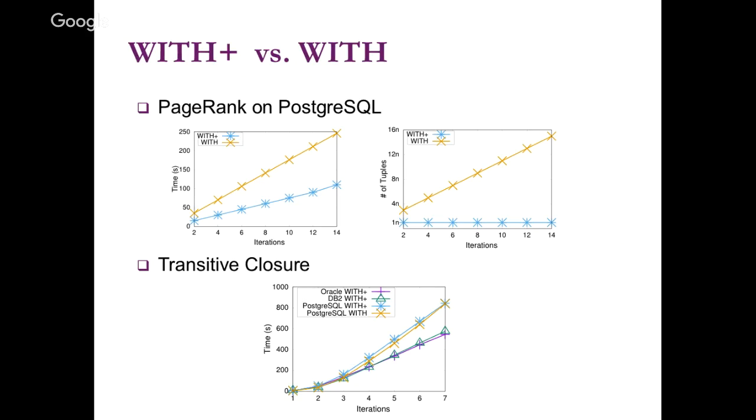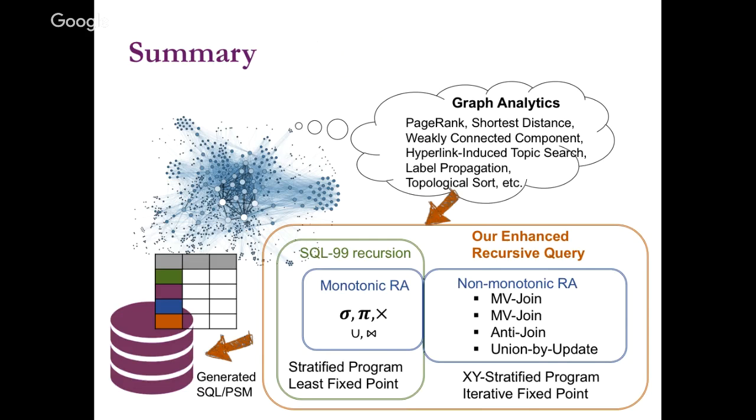Our enhanced recursive query works well, outperforming for PageRank on Postgres, and it can achieve very similar performance for the transitive closure. So here's all of our performance study.